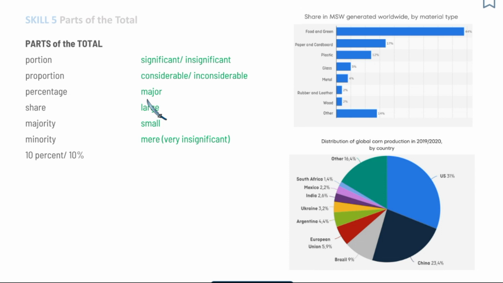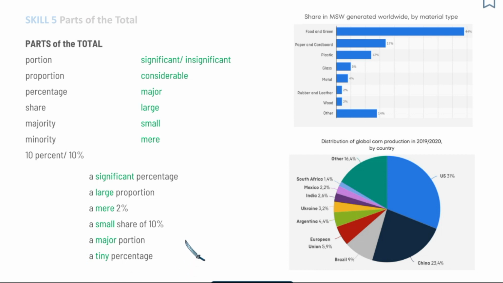We can use the word major. Again, USA is the major proportion here. We can say large or small, and if we're talking about very insignificant numbers, we can use the word mere. In our case, probably South Africa, which accounted for 1.4%, would be a mere number, a mere proportion.